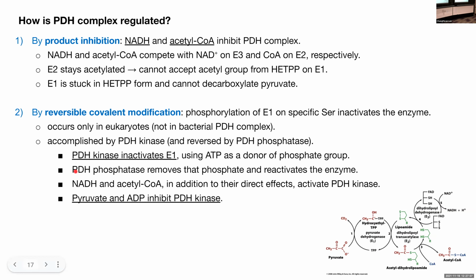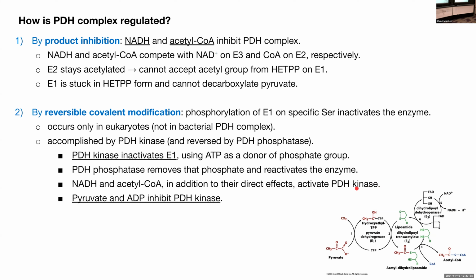And as opposed to that, PDH phosphatase removes the phosphate group again, reactivating the enzyme. So it's going to be a balance between the activity of this PDH kinase and phosphatase to regulate the PDH complex activity. And NADH and acetyl-CoA can activate PDH kinase too.